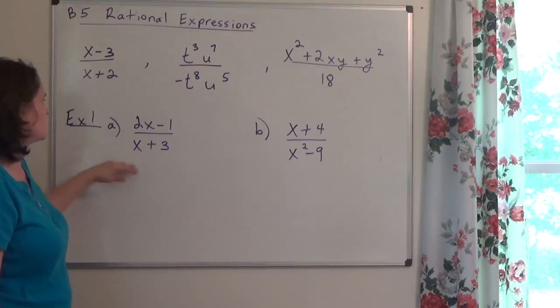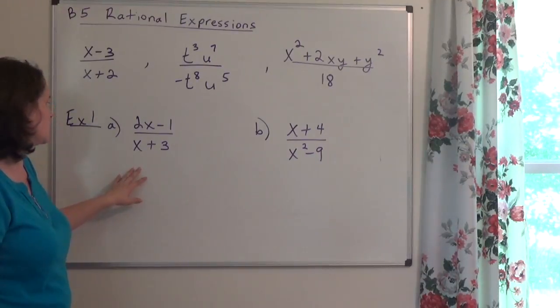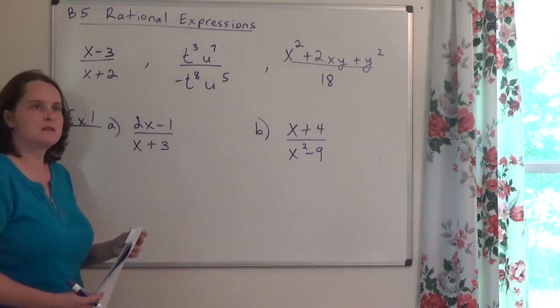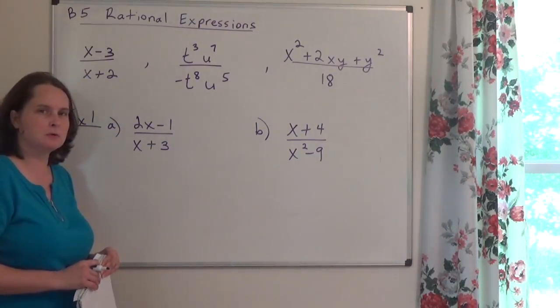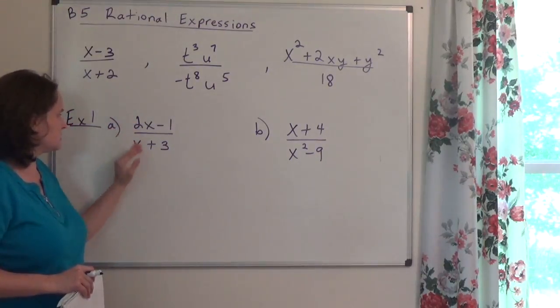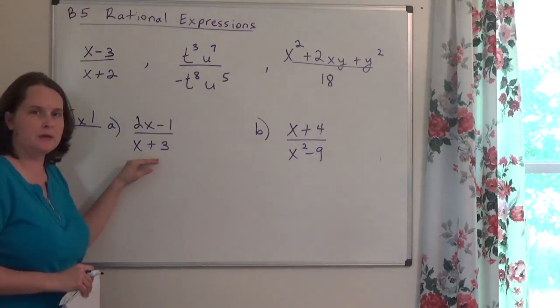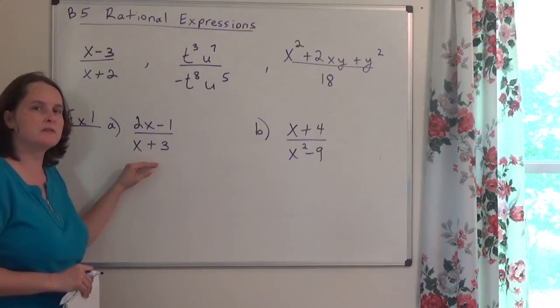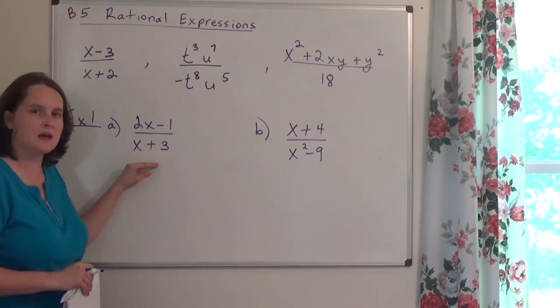Let's look at example 1 part A. We want to find the domain here. We have to be careful that we're thinking about possible restrictions on our x. In this example, there is a restriction on our denominator. It is possible to put a number in for x that will give us what we would consider an undefined answer.